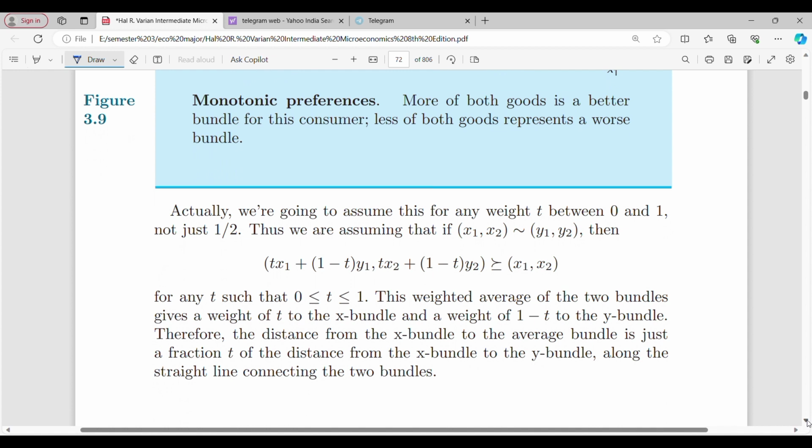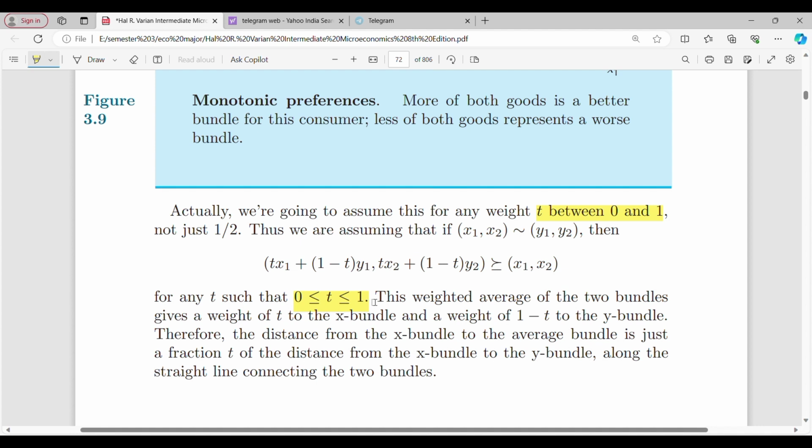Next, we are going to assume this for any t, any weight t between 0 and 1. In the previous example the weight was considered as half, and here not half, but any weight, any t between 0 and 1. This will be the condition for t here.